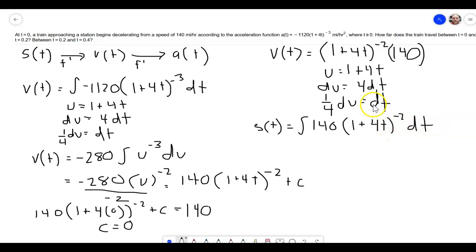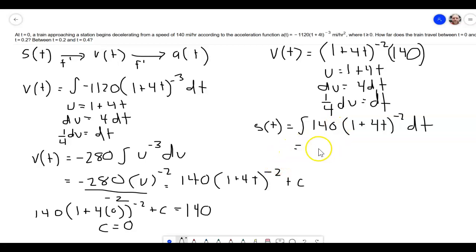And then I can replace dt with 1/4 du and 1 plus 4t with my u. So the 1/4 times the 140 is going to end up being, let me make sure here, that's a positive 140 here.